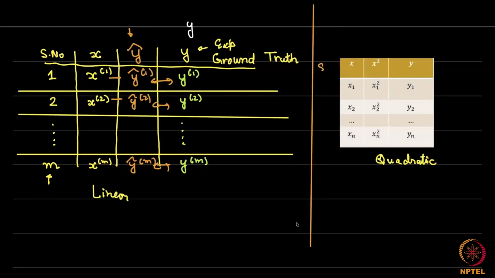Now this, of course, you can think of a serial number here, 1, 2, etc. on the left hand side. But the important thing here is that I have one column for the x and another column for the x square. Now, why do we do this? That's because y hat is now w0 plus w1x plus w2x square.